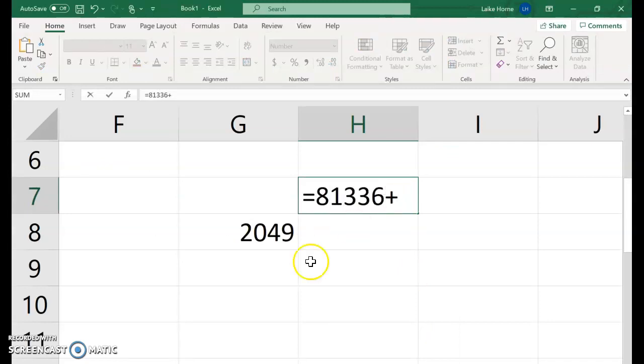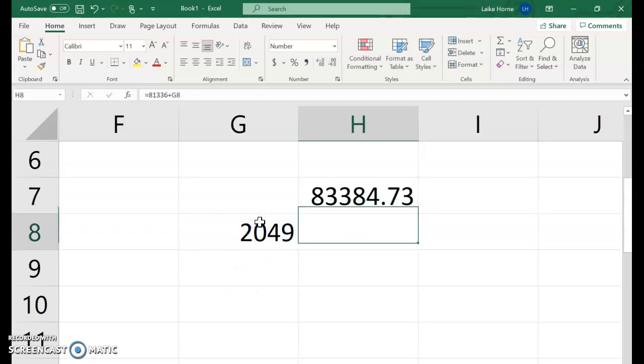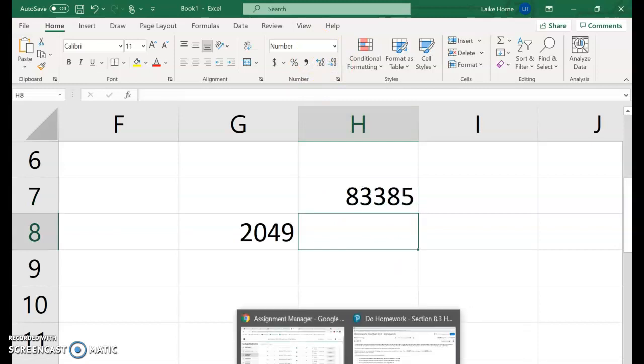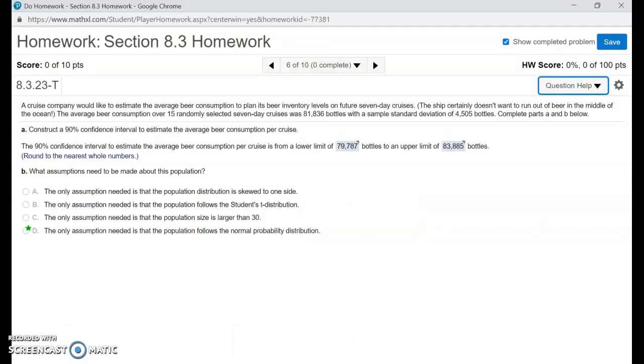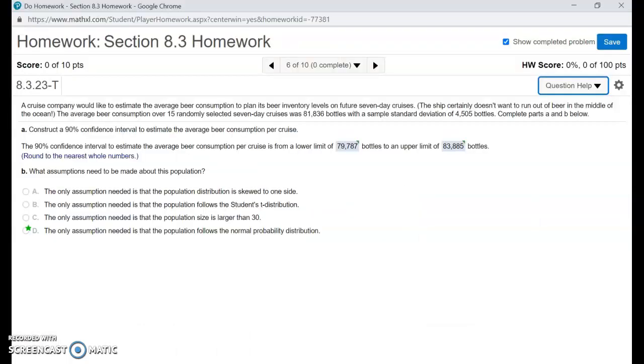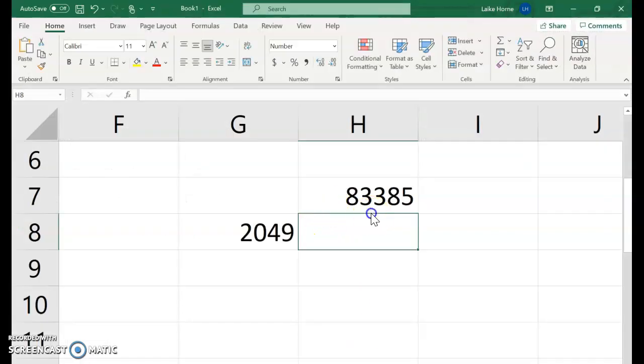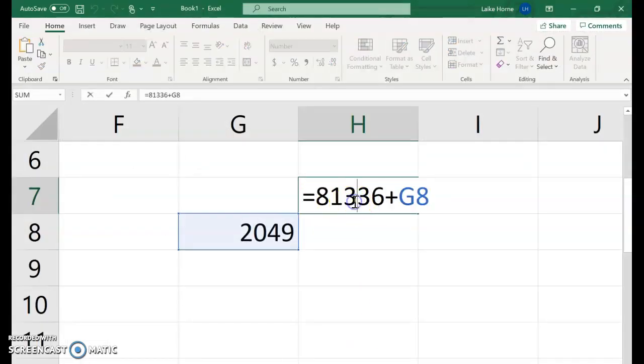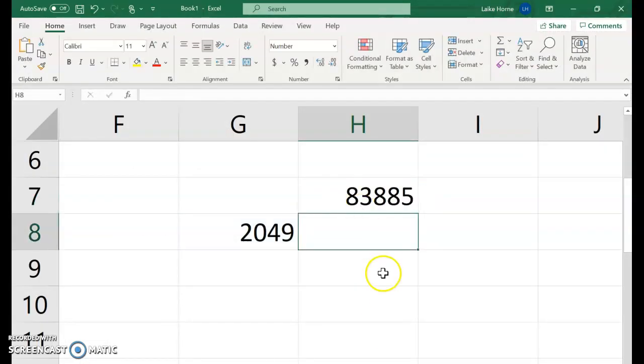So we're going to do 81,336 plus, and then we're going to round it to the nearest whole. So we would get 83,885. Let me make sure I put this in right. 81,836. Okay.